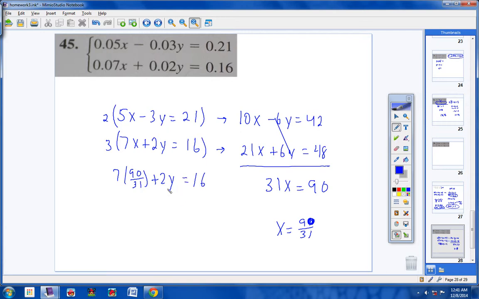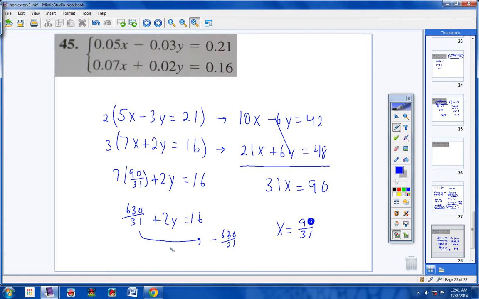equals 16. Okay, well this would be, my goodness, here's where you want to use your graphing calculators, okay? This would be 630 over 31 plus 2y equals 16, okay? Bring this over, make it negative 630 over 31, okay?